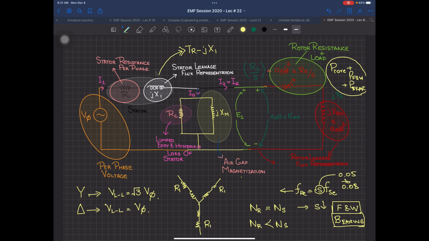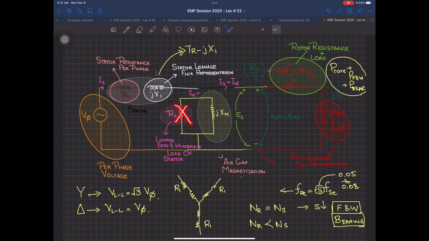I'm repeating it because friction and windage and bearing losses are on the higher side when the machine runs at high speed, but the core losses are smaller because the slip is smaller. When the machine is at load, the friction losses become a little smaller and the core losses a little larger. So they take the sum of these three as a constant value, and in the equivalent circuit they take out this RC.